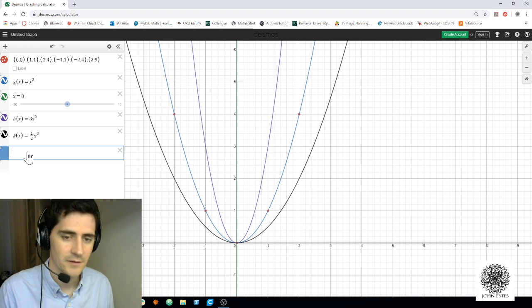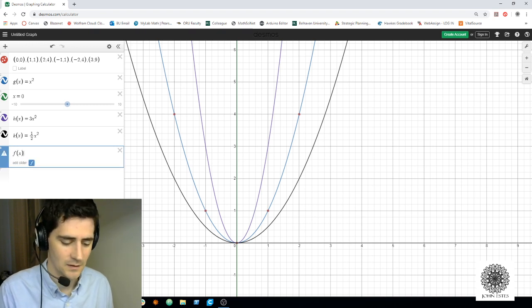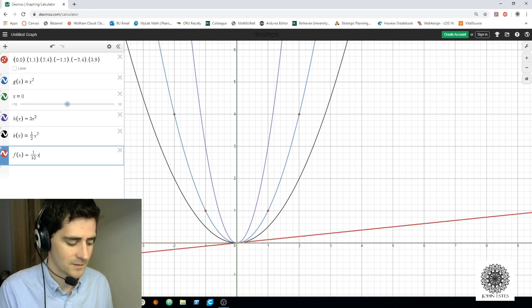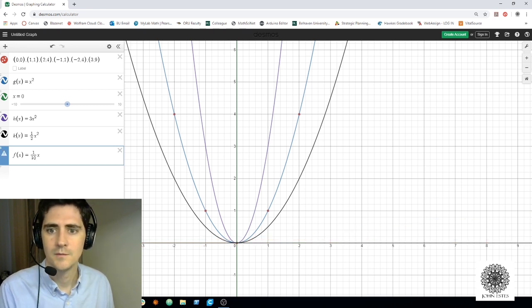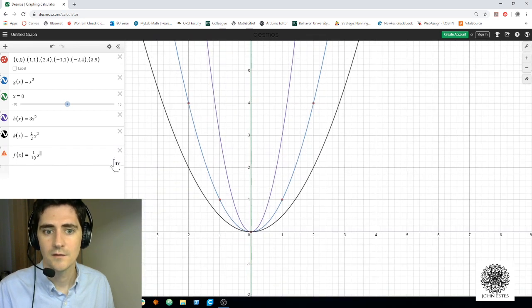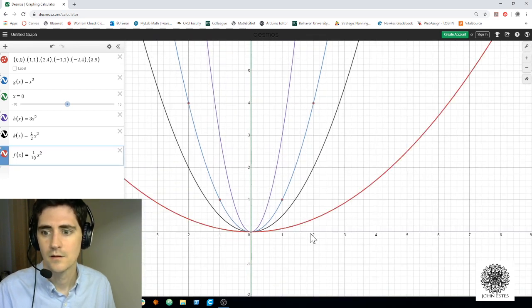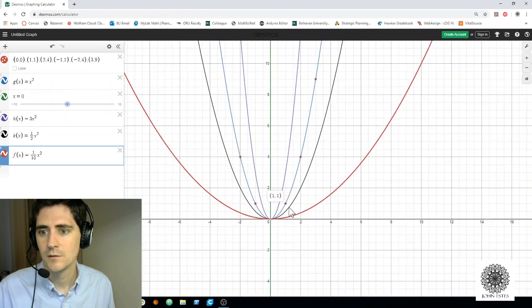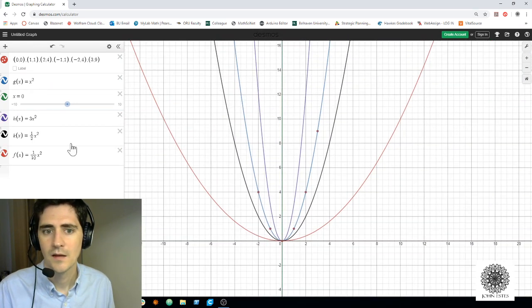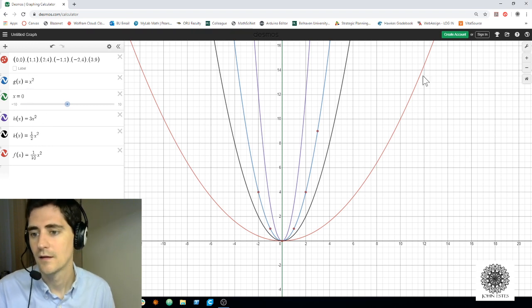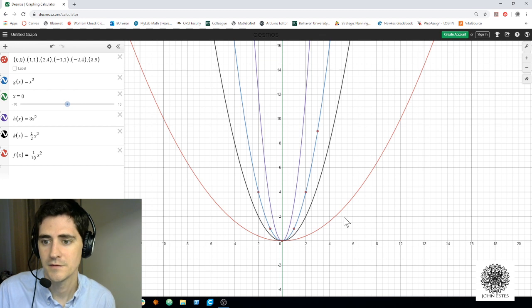And if we're playing around with this, let's let f of x be, how about 1/10 x squared? I would expect it to be a parabola, obviously, but I think it's going to be stretched out even further. Yeah, look at that. So it looks like as a, the leading coefficient, gets closer to 0, it stretches out.